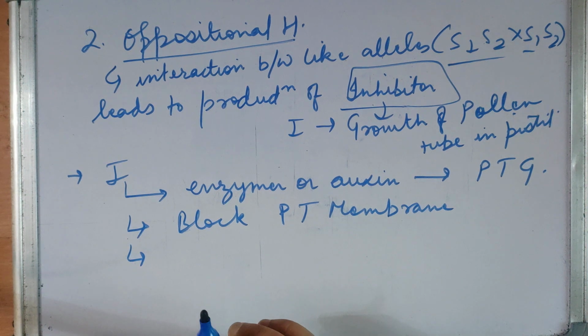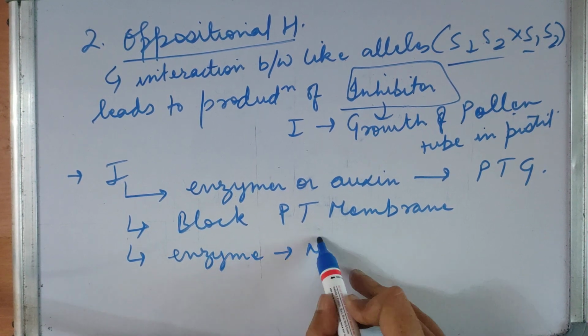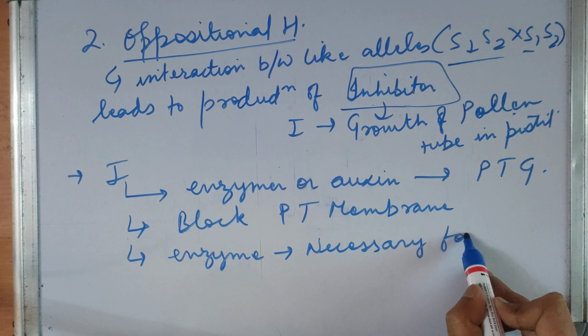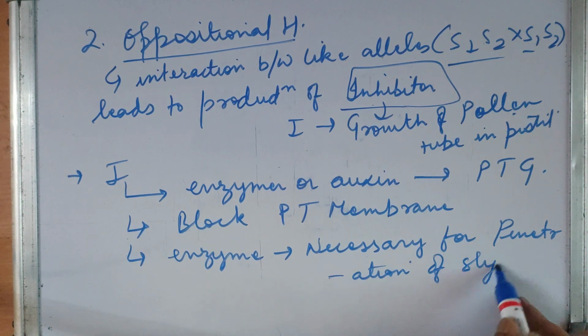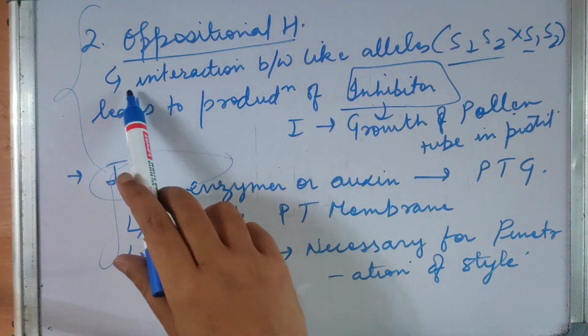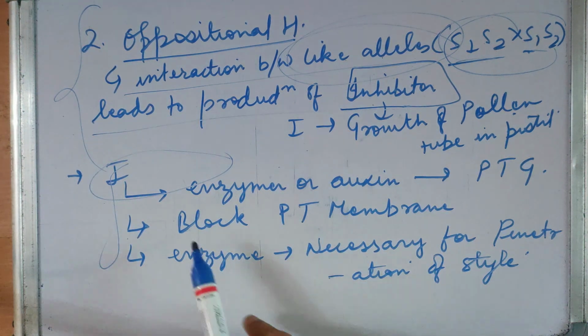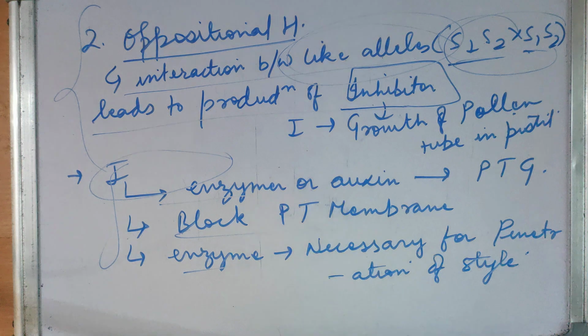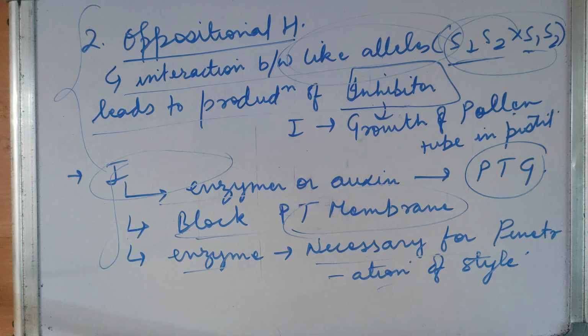And thirdly, it can inhibit an enzyme necessary for penetration of the pistil. So it suggests that interaction between like alleles leads to production of inhibitor, and the inhibitor acts in these three ways: it can inhibit the enzyme or auxin which reduces or stops pollen tube growth, it can block the pollen tube membrane, and it can inhibit an enzyme necessary for penetration of the pistil.